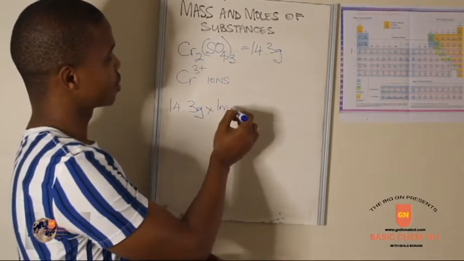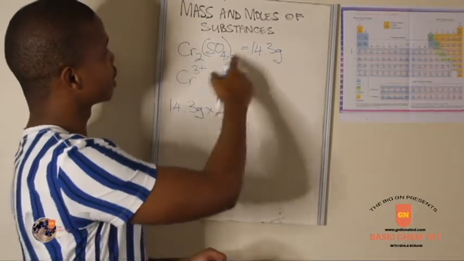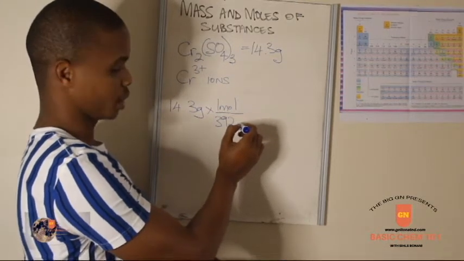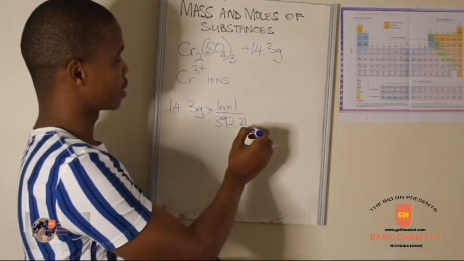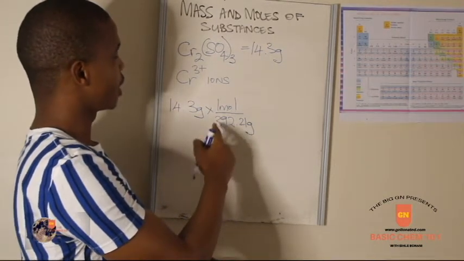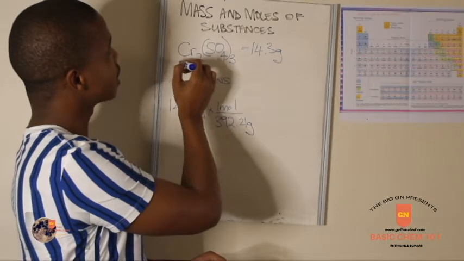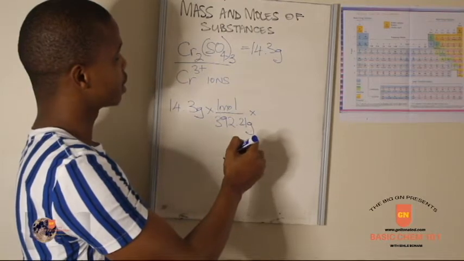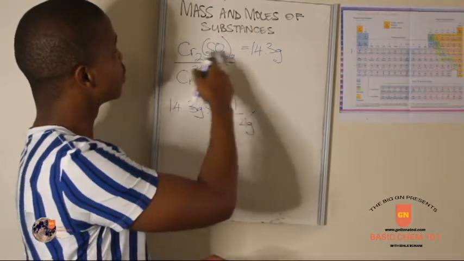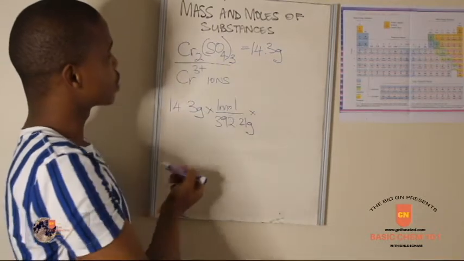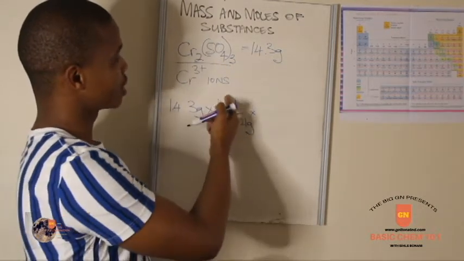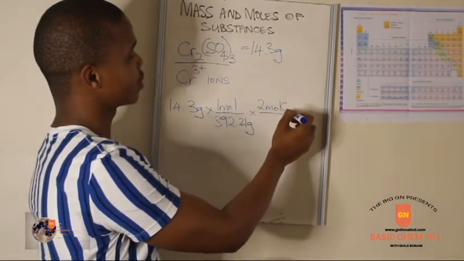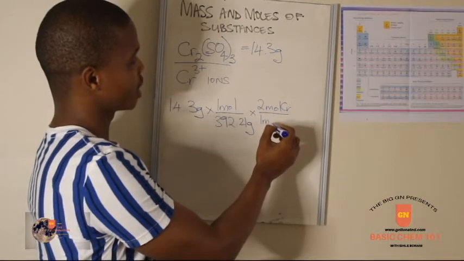You change this to number of moles. The molar mass of this whole thing would be 392.21 grams. Then this is 1 mole of this compound. Now if this is 1 mole of this compound, it means 1 mole of this compound is equal to 2 moles of chromium, because we are looking for chromium.